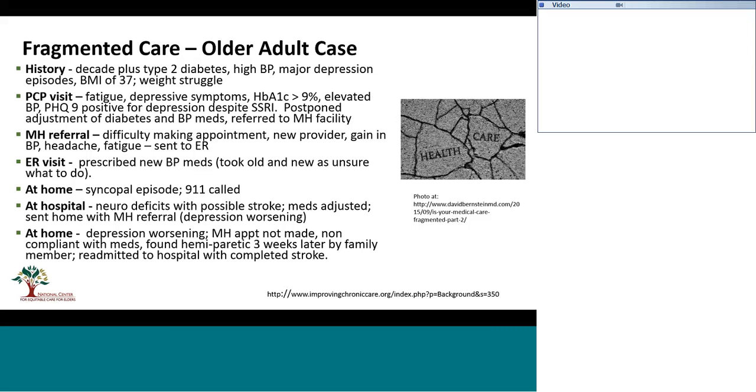And so the psychiatrist, who had never seen her before, had no information about her, became alarmed about her blood pressure and her headache and had sent her to the ER. And so at the ER, the physician told her blood pressure medicine was inadequate. She needed new, more powerful medications, and she was given prescriptions for 2 new antihypertensive medications.